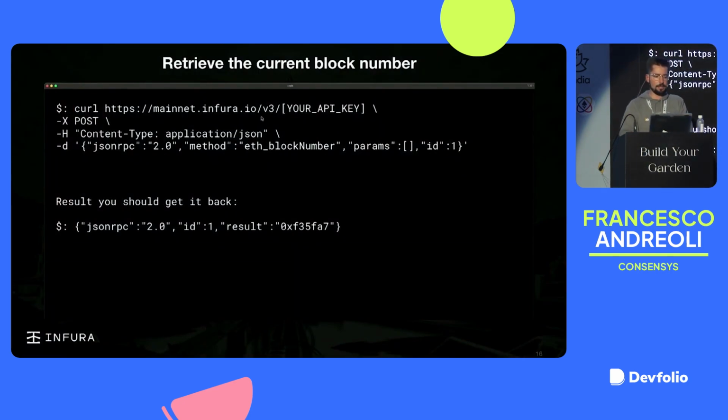Basically, what happens is you're calling Infura with your API key, and you can see a result like JSON RPC 2.0. The ID is the chain where you are, and the result 0x.